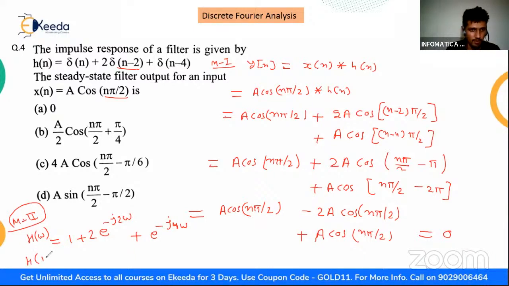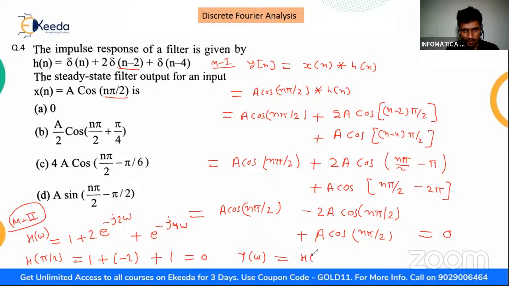H of pi by 2 will be 0. Then you can say Y of omega will be 0, so y[n] will be 0. This method 2 is solving using frequency domain analysis. When putting pi by 2, this will become pi, so this will become minus 2 simply, and then plus this will become 2 pi, so this will be 1, so H of omega will be 0.